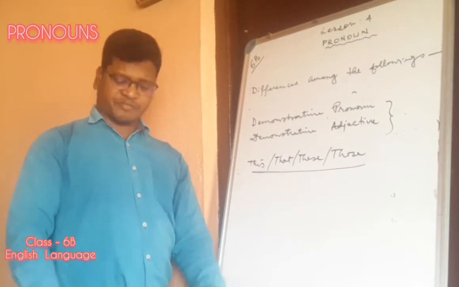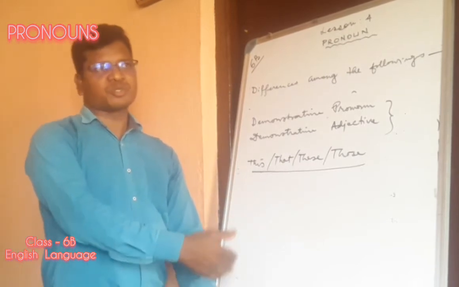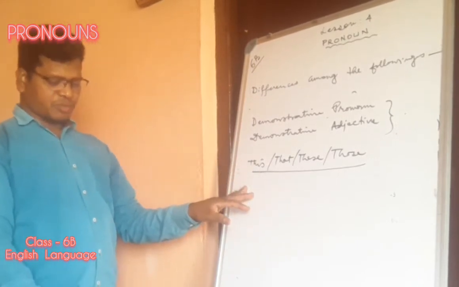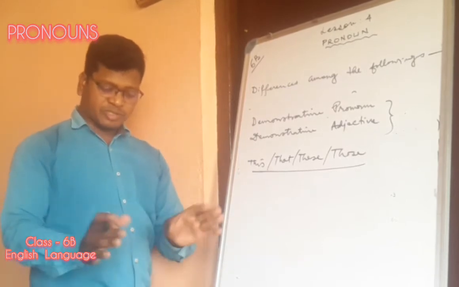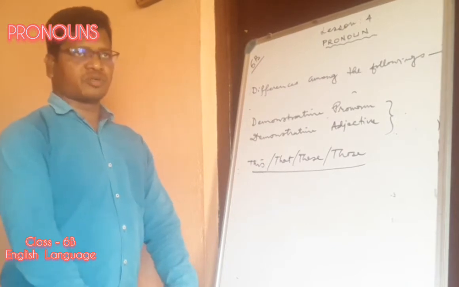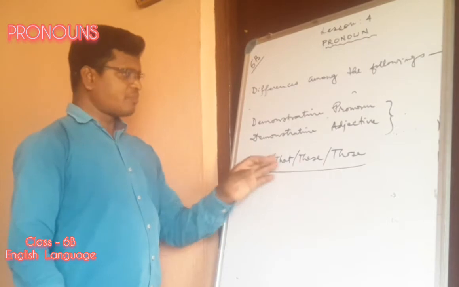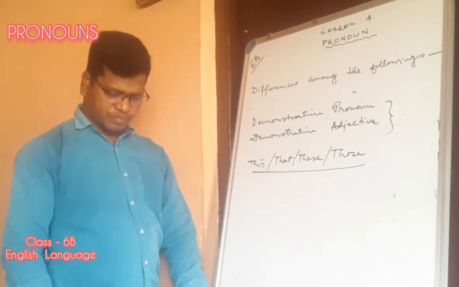Now how to identify? As we have already seen in the previous one, so also here. To identify the demonstrative adjective, you just have to see whether these words are followed by a noun they qualify or not. If it is followed by a noun they qualify, then that is an example of a demonstrative adjective. Otherwise it is a demonstrative pronoun.